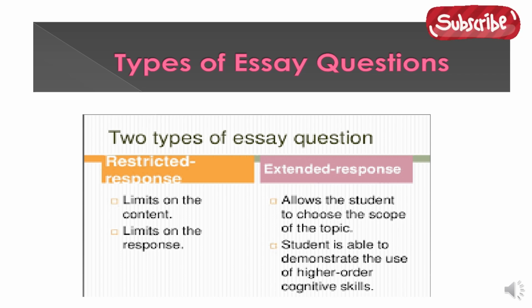The first is restricted response. The second is extended response. The restricted response example has limits on the content and limits on the response. On the other hand, extended responses allow the students to choose the scope of the topic, and the student is able to demonstrate the use of higher order cognitive skills.